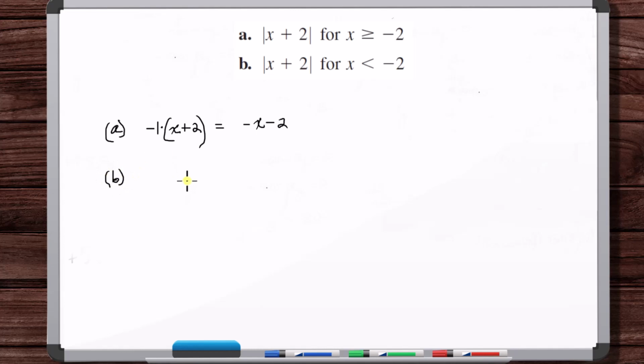Okay, what about when x is less than minus 2? Wait. No. I messed this up. Okay, no. Greater than or equal to minus 2. So what we just did was part B. So if x is less than minus 2, then you might have minus 3, minus 4, minus 5. So your x plus 2 is always going to be negative.